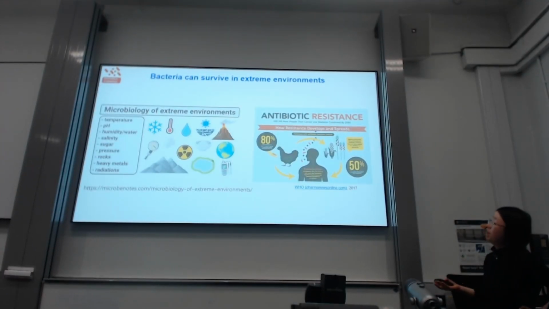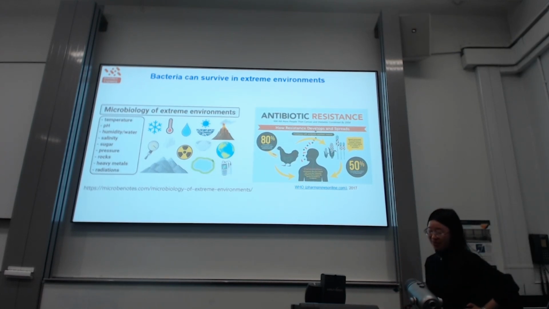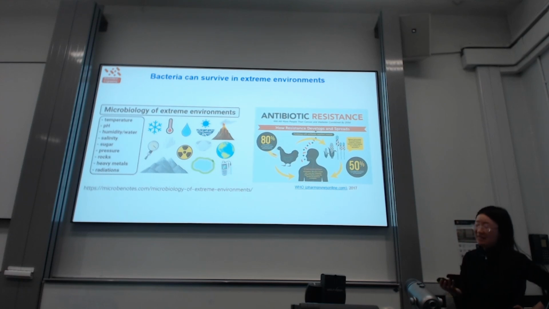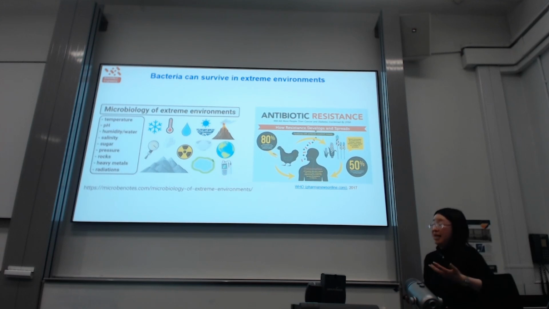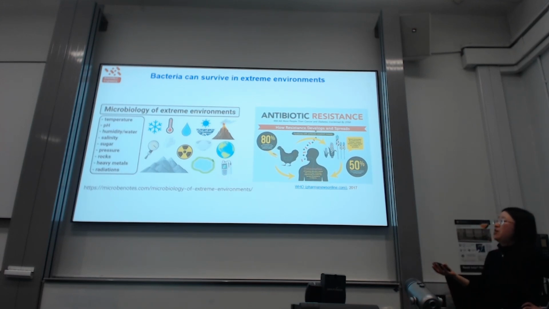For bacteria, it's quite important. If we think about life in extreme environments, there are some bacteria that can survive in high temperature or very low pH, for example, bacteria in your stomach. Some bacteria can also survive high pressure, and even relatively strong radiation.